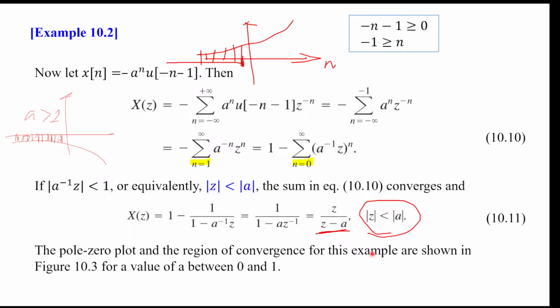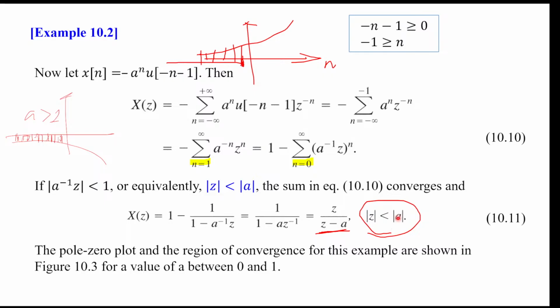Then we do the calculation, we calculate all these things. Then we see that the algebraic part is once again z over z minus a. Okay, so this is the same as example 10.1, except that its ROC is different. So the ROC will be the absolute value of z less than the absolute value of a.